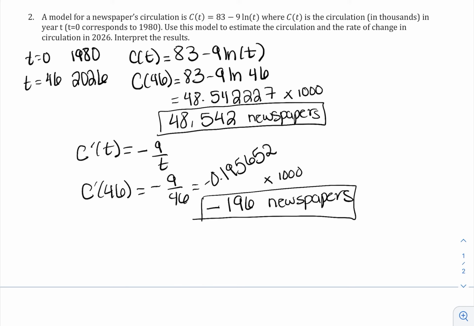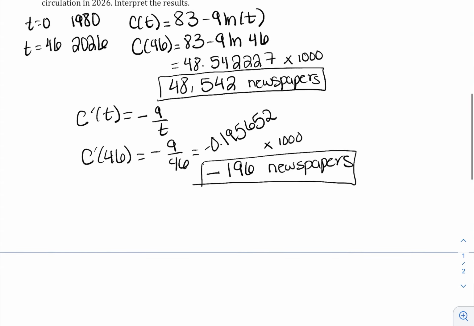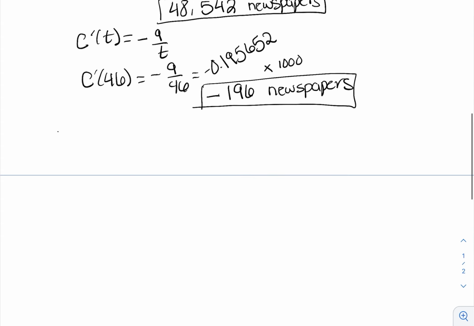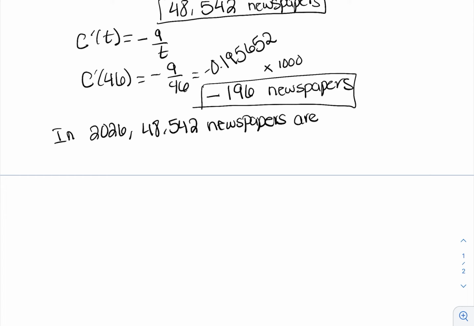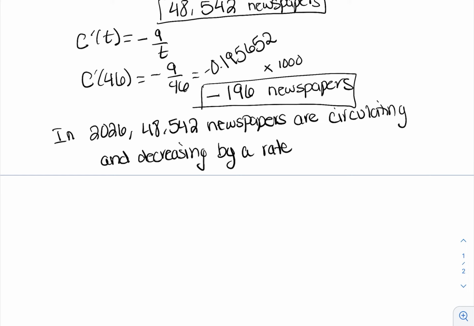Okay, here we go. So to interpret the results, in 2026, 48,542 newspapers are circulating and decreasing, unfortunately for them, by a rate of 196 newspapers.